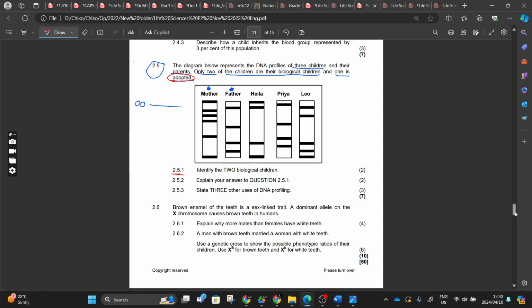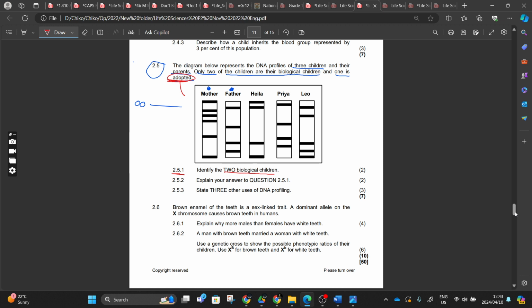And then 2.5.1, identify the 2 biological children. Between these 3 of them, which 2 are the biological children, right? So let's exclude the one that we think is adopted.